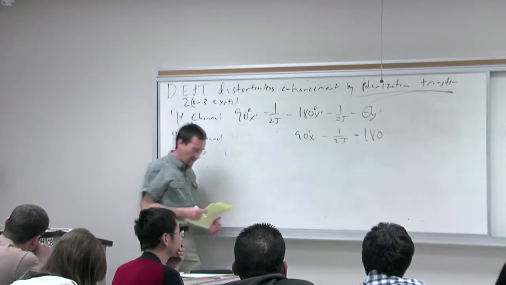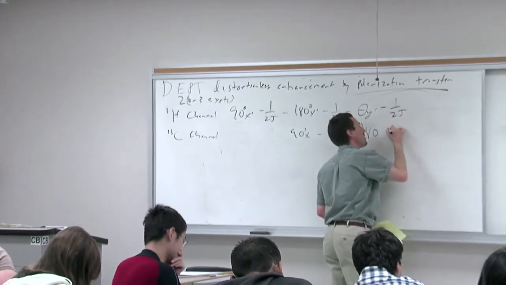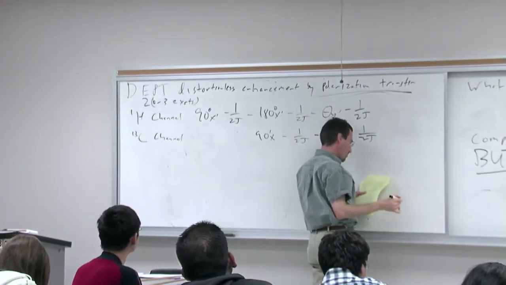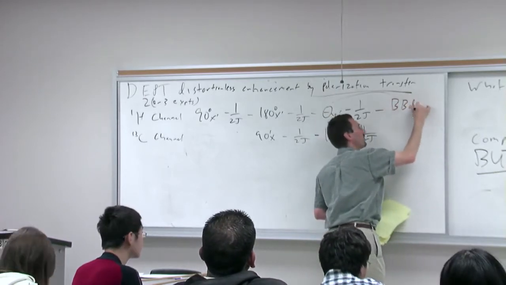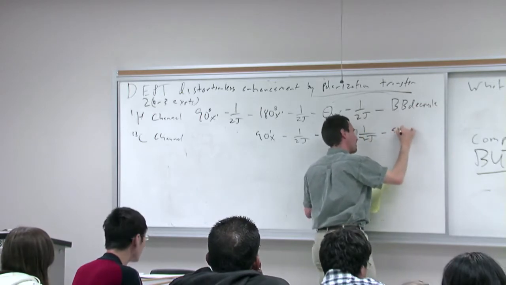Doesn't matter if it's X or Y that you're applying. You again wait 1/2J. And now you go ahead and you finally turn on your broadband decoupler and you acquire.